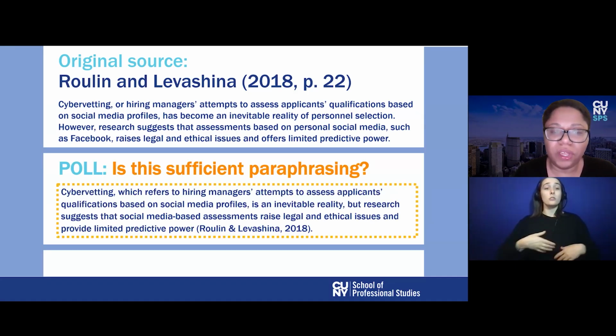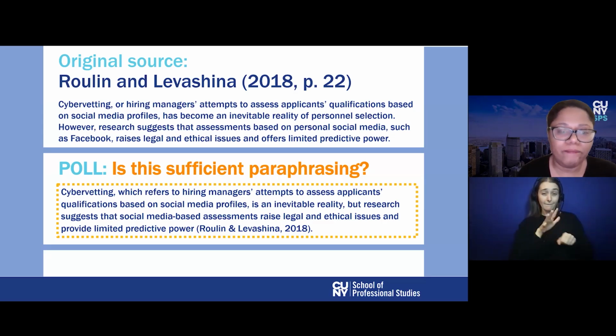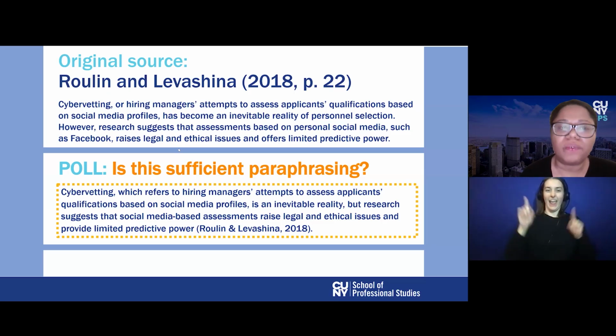Now let's look at a few attempts to paraphrase this passage. I want you to all take a careful look at each attempt and tell me if you think it's sufficiently paraphrased. So I'll read this attempt at paraphrasing. It says, cyber vetting, which refers to hiring managers' attempts to assess applicants' qualifications based on social media profiles, is an inevitable reality, but research suggests that social media-based assessments raise legal and ethical value issues and provide limited predictive power.